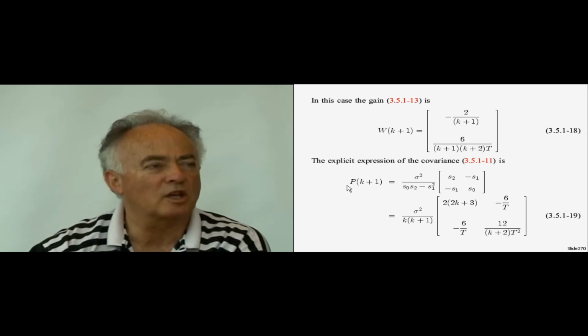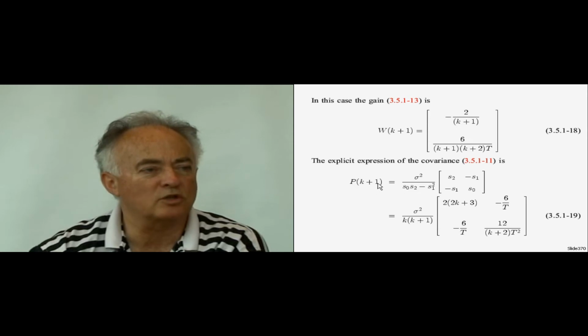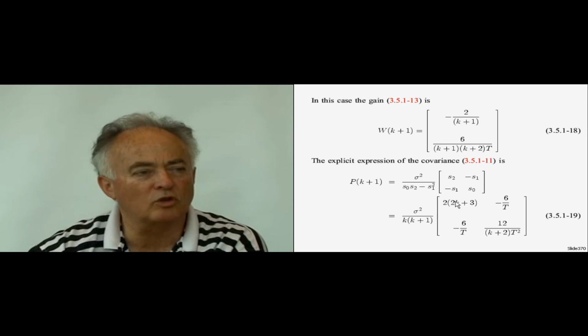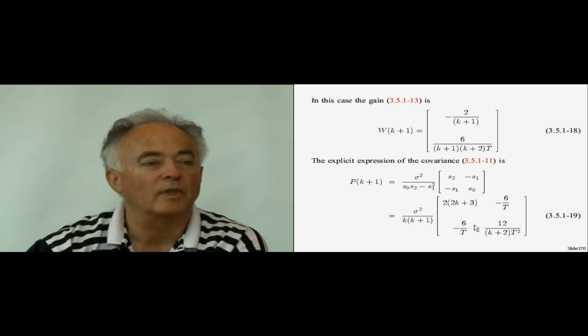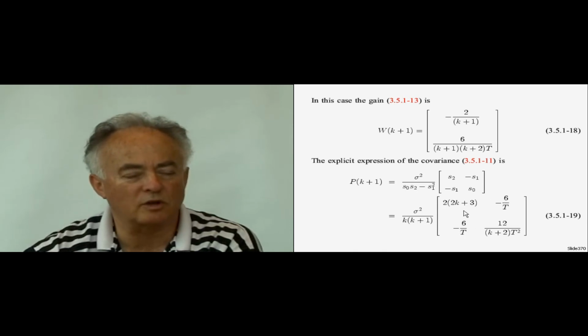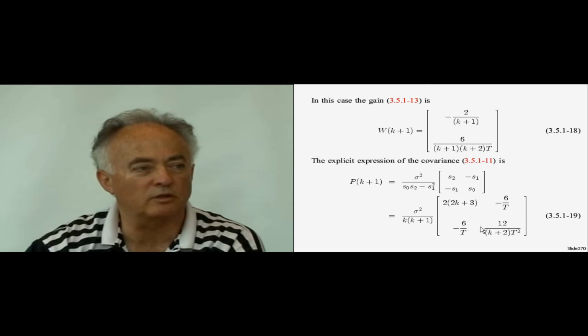And we have the explicit expression of the covariance from k plus 1 observations. Again, for the position, the variance goes down as 1 over k. For velocity, it goes down as 1 over k cubed. And there's a cross term because there's a covariance. The position and velocity estimates are correlated.